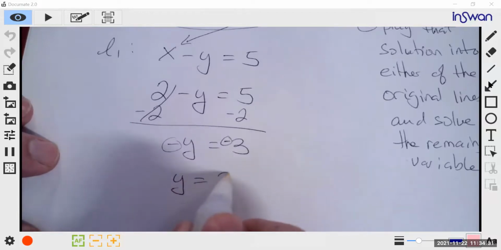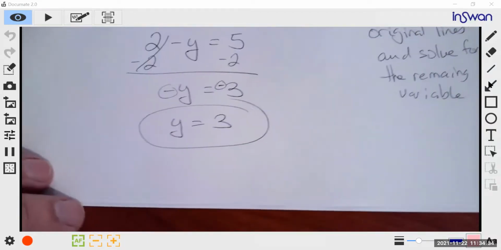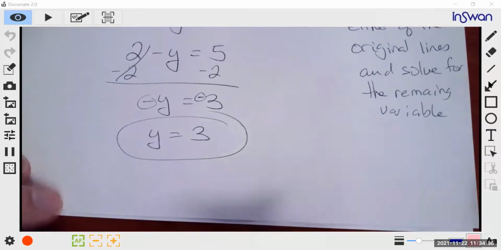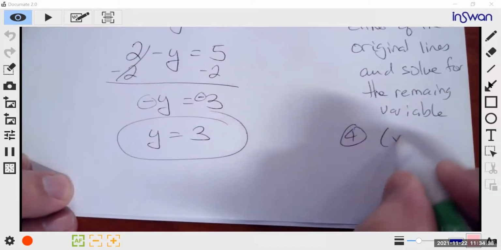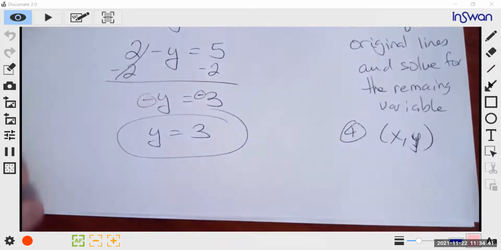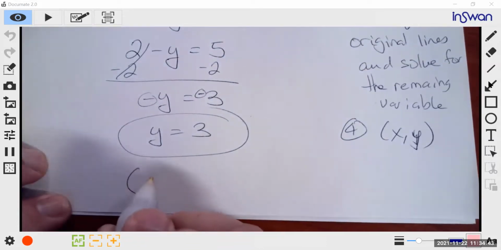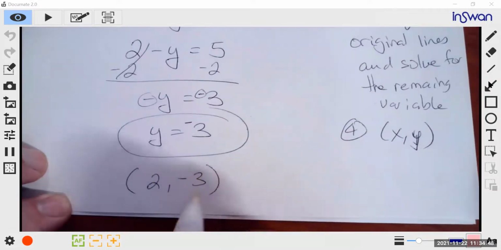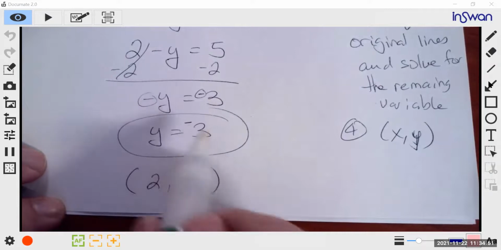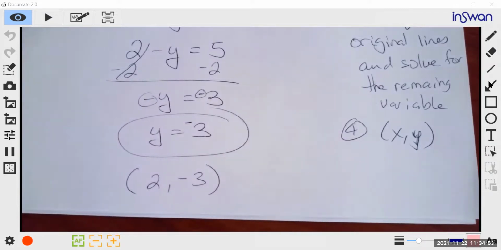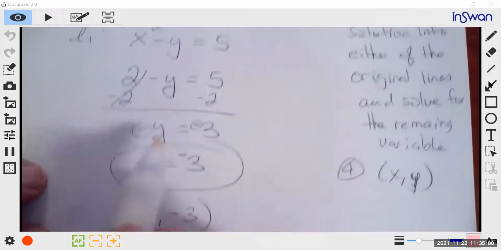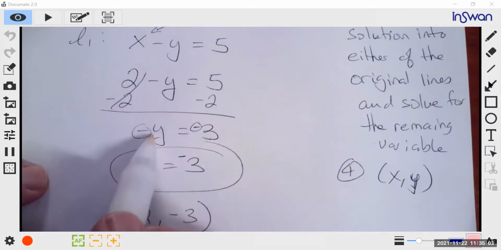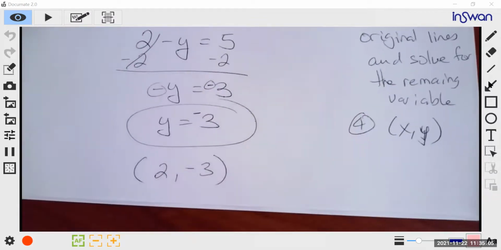So y is equal to 3. And your solution is x, y. So it's 2, negative 3. And all three of them the same answer. It was positive 3, right? Yes, because it was negative y equals positive 3. I have to have a positive y, so I change the signs.